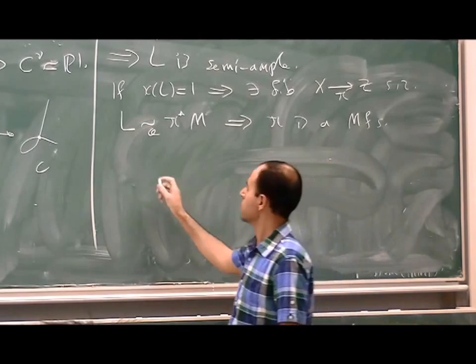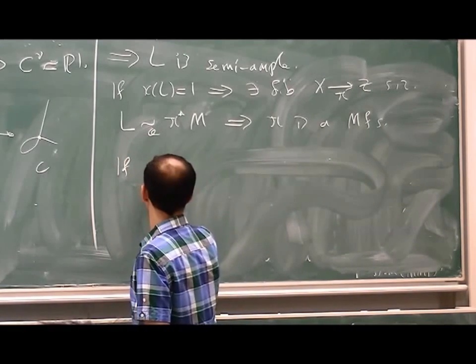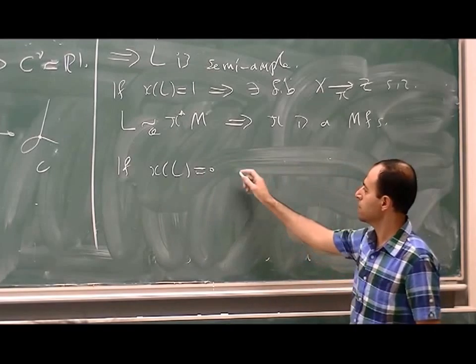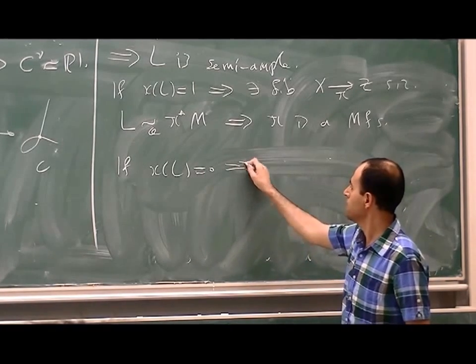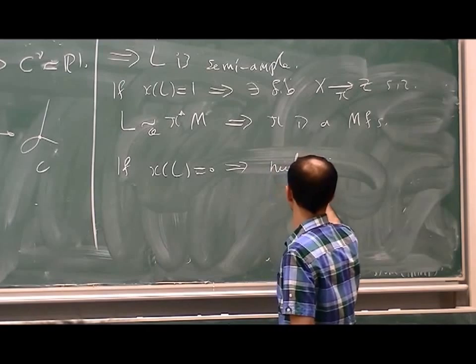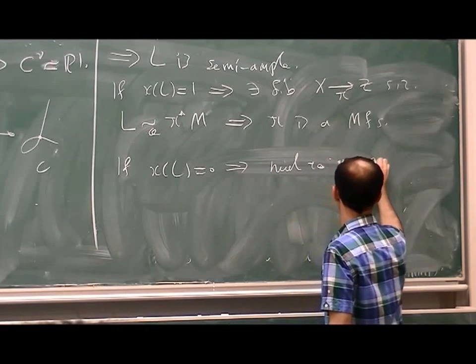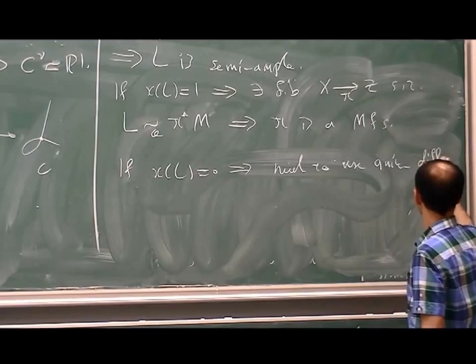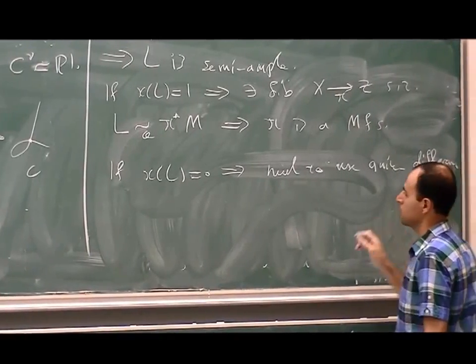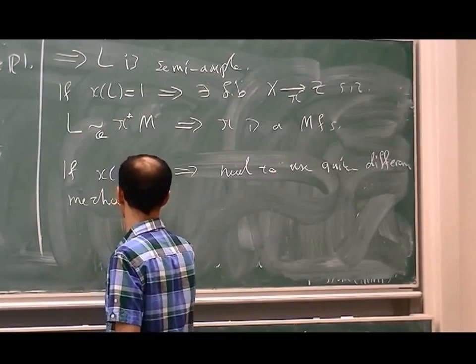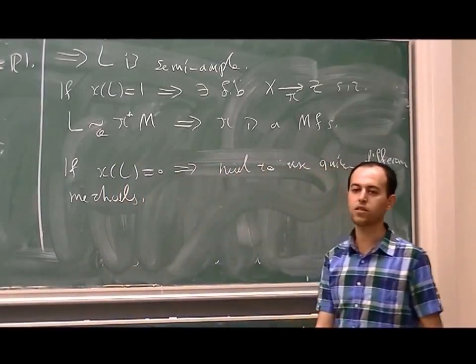But you have other cases. If the numerical dimension of L is equal to 0, actually in a way this is much more difficult. Yeah, you have to use quite different methods. Show that L is actually semi-ample.